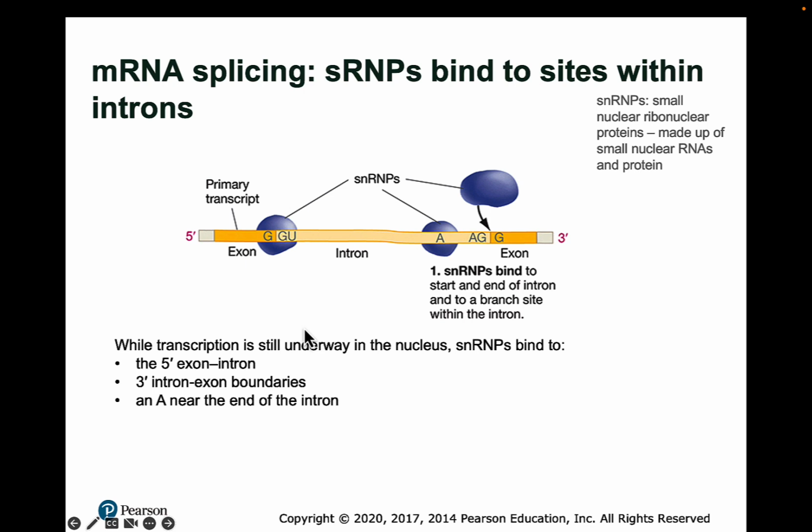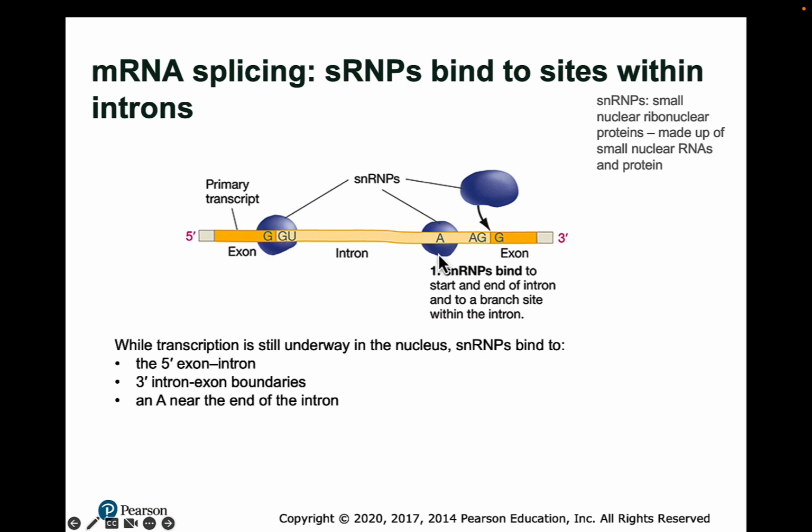And they bind to several places. The first place they bind is at the 5' exon to intron boundary, where they have one SNRP. Another SNRP binds at the 3' intron to exon boundary, so they kind of flank the introns.